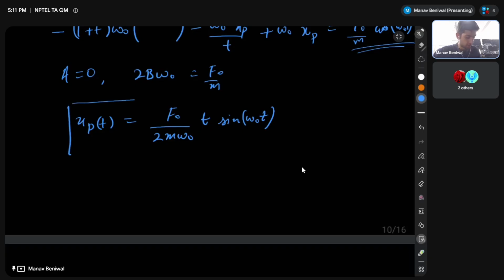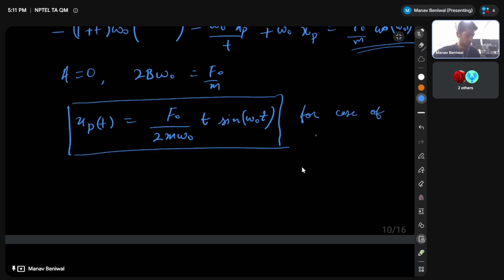This is the desired solution for the case of omega equals omega naught, and this is the condition for resonance.